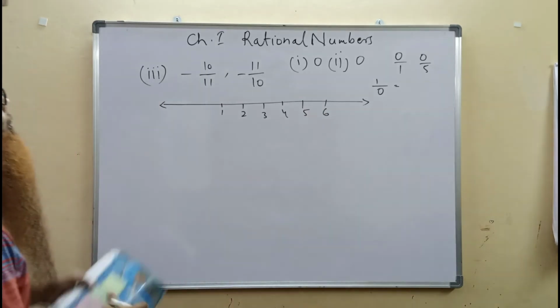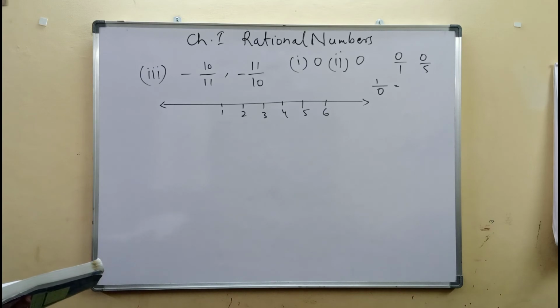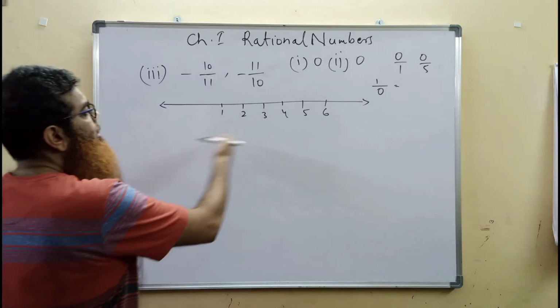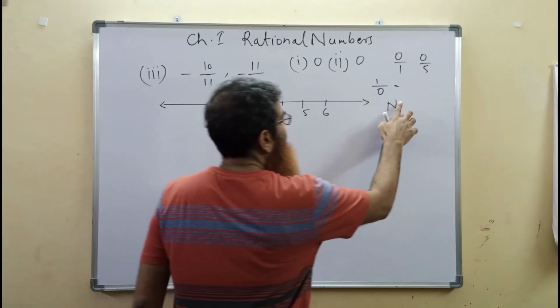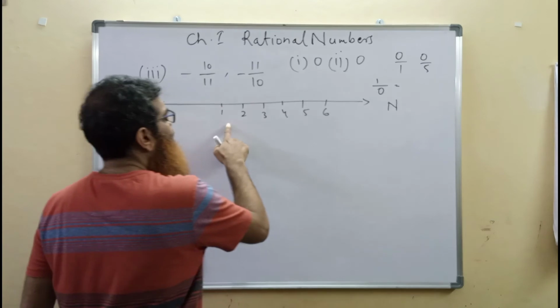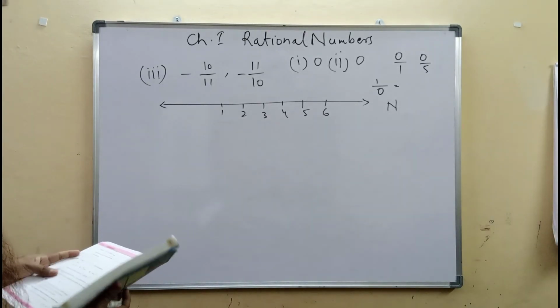Gayatri drew this number line and she marked numbers from 1 to 6. Which set of numbers are marked on the number line? As you can clearly see, they are natural numbers. They are the set of natural numbers beginning from 1 and going on towards the right side.